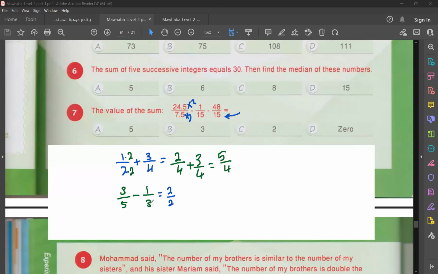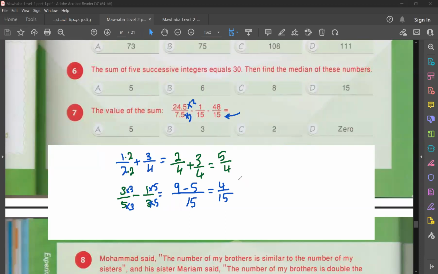No. So you have to find the common denominator and put the same denominator. The denominator is 15, and 3 times 3 is 9, minus 5 equals 4 over what? Over 15. Correct.